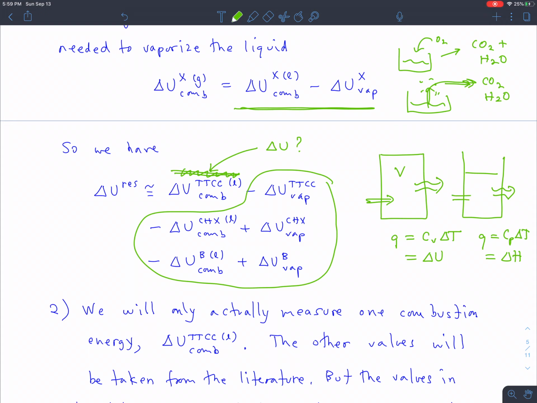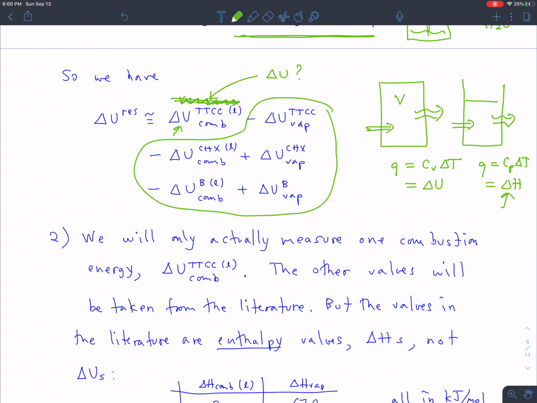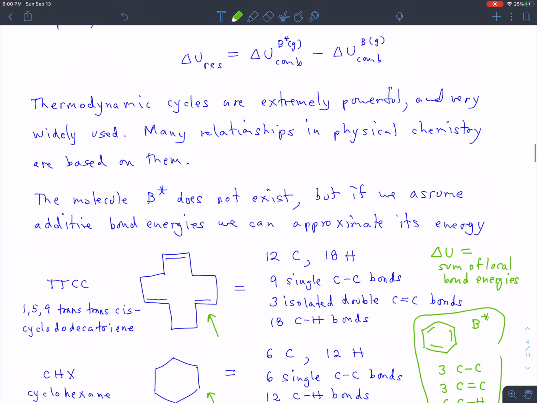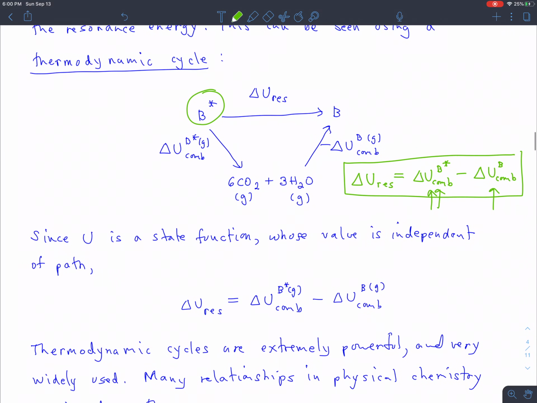And it's also the reason why we're not using the coffee cup calorimeter. We really do need this delta U value. We need a delta energy value, not a delta H value. Why do we need a delta U value? Well, because we're trying to get an energy difference, a resonance energy difference, right? Not a resonance enthalpy difference.